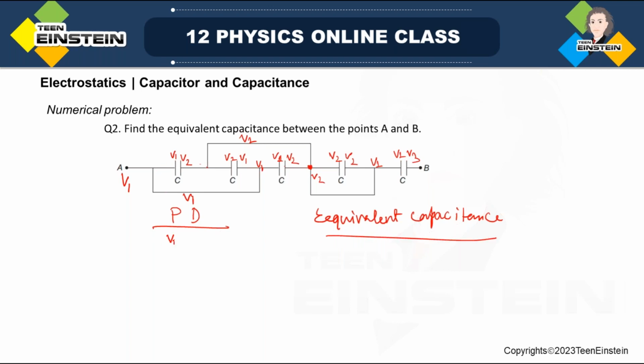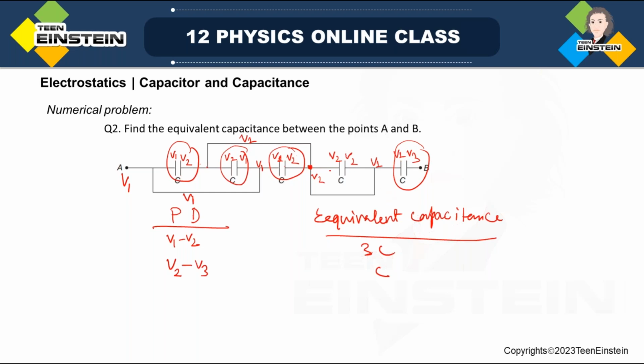With V1 minus V2, how many are there? This is 1, this is 2, and this is 3. So I have 3C here. With V2 and V3, the potential difference between V2 and V3, how many are there? I have only one, this one.